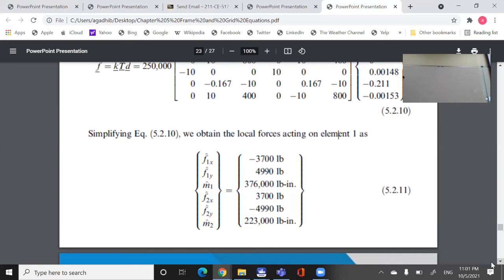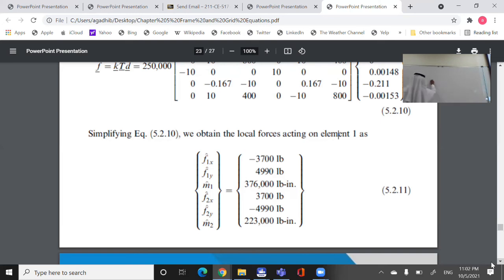Okay, moment. How much is the moment? 223,000. Is it clockwise or counterclockwise? Counter? This is clockwise. Correct. Go ahead. If it is positive, it means counter. This is positive counter. This is positive counter.